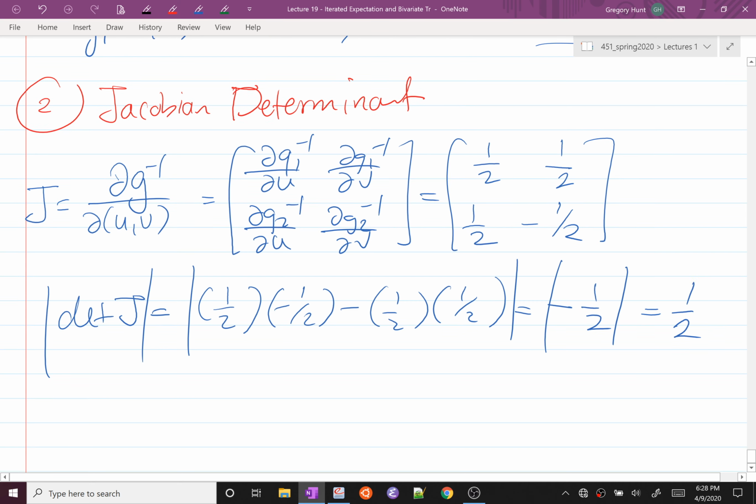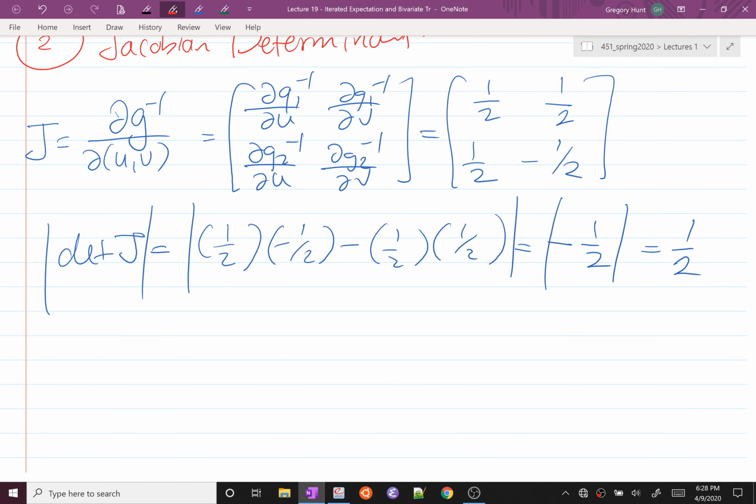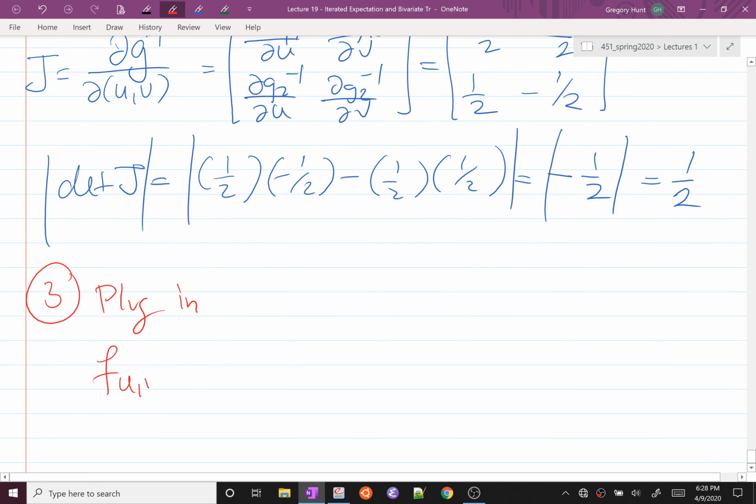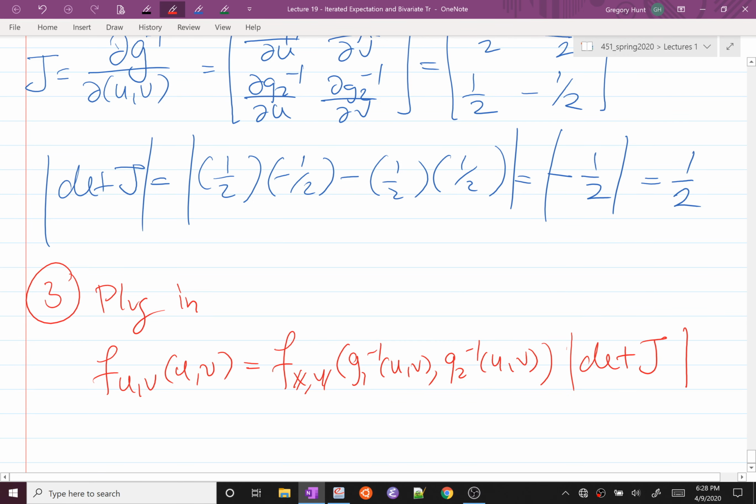Okay. So step 3 is plug in. If I want f, the joint PDF of uv, at some values little u, little v, what do I plug in? The joint PDF of x comma y at g1 inverse uv, g2 inverse uv, and the absolute value of the determinant of the Jacobian.